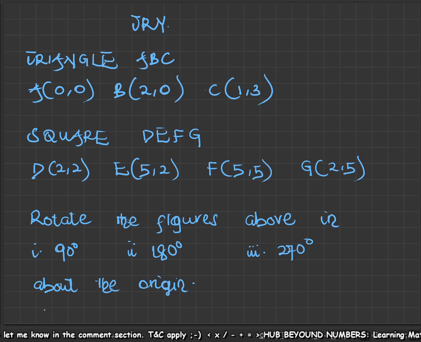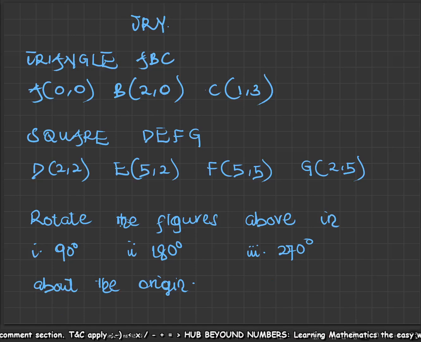You have to do that about the origin. You have to do it on a separate sheet. So you do the triangle on a different sheet and then the square also on a different sheet, showing the 90 degrees, the 180, and then the 270. But first, you need to plot out the figure itself.